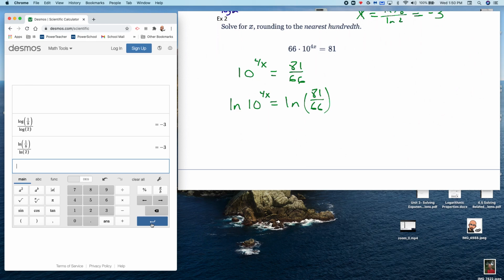Now, because I have that power and I have that natural log, I can bring that power down in front. So 4x natural log 10 is equal to natural log 81 divided by 66. One of the things with multiplication, and we just have multiplication here, is we can rearrange it. So I can rearrange it to look like this.